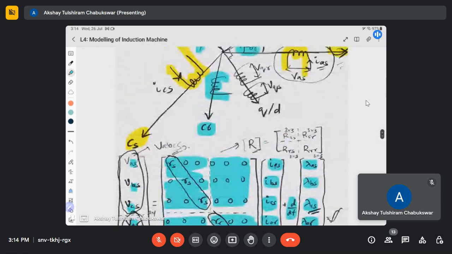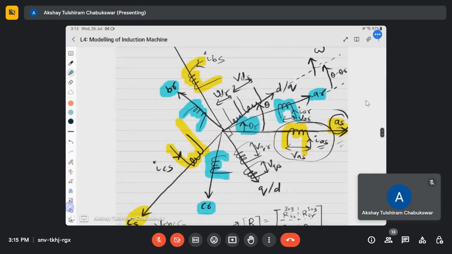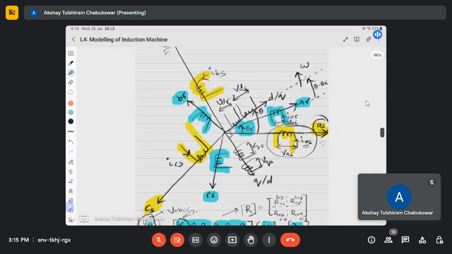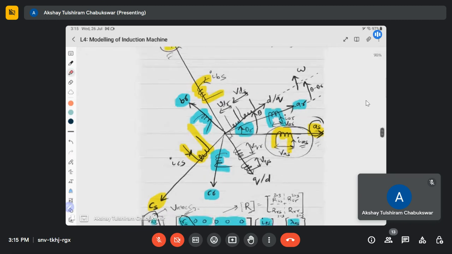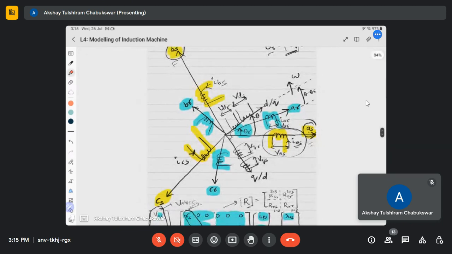So here, as I told you, this theta. Okay, let us first define the DQ reference frame. Let me use a red marker. So as I said, we want to model the equation in a common DQ reference frame. This is D, this is Q. What is the angle of the DQ reference frame with respect to A axis vector?